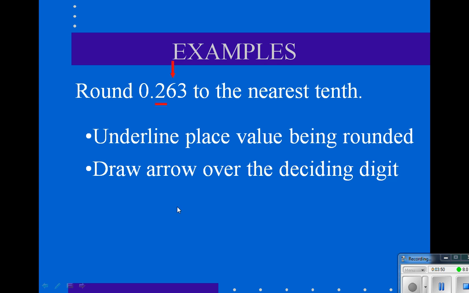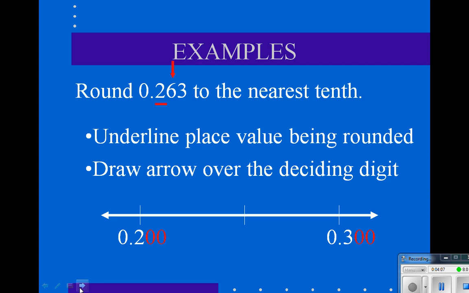So let's look at the number line. We are going to put 0.2, and we're going to add 2 zeros, because remember, adding zeros does not change the number. And we will put 0.3 at the end. And let's locate 0.263 on the number line.